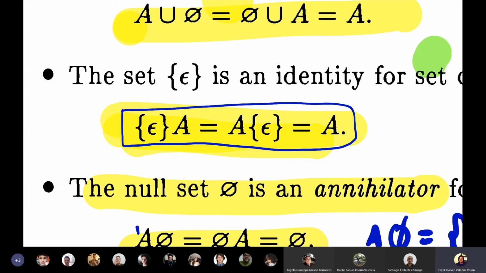Okay, so try to think about that. It's because when you're concatenating sets, for each one of the strings in the set, it will concatenate with each other. Concatenating the empty string to another string leaves it unchanged for every string. Yeah, exactly.